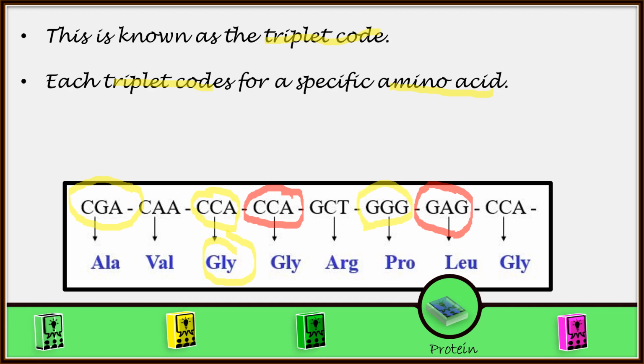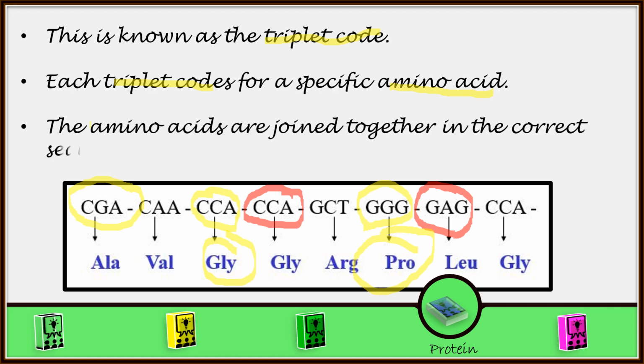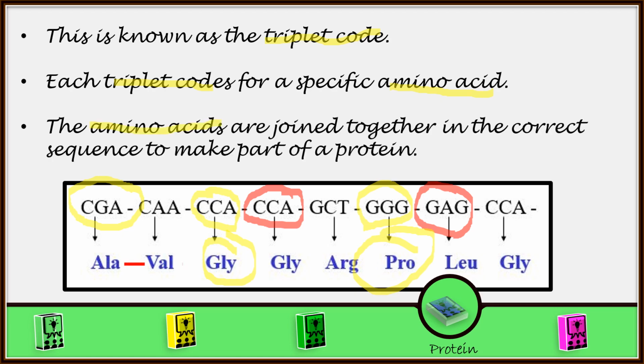These code for an amino acid called proline. So every triplet codes for a specific amino acid. The amino acids are joined together in a particular sequence to make part of the protein.